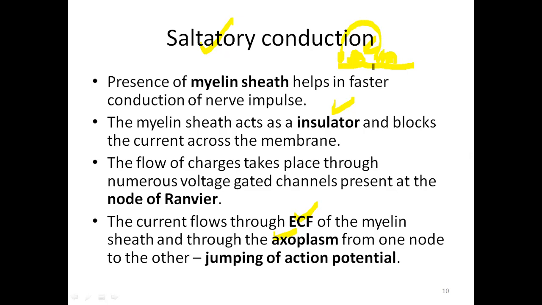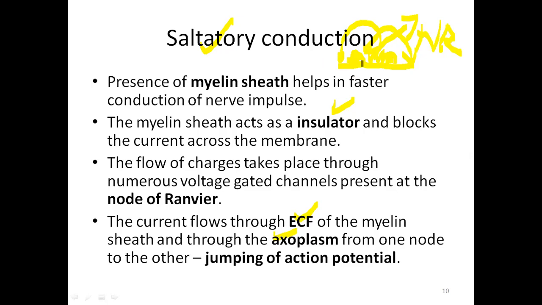In the structure of the neuron, we know very well that the gap between two myelin sheaths is what is known as the node of Ranvier, correct? So this node of Ranvier gets depolarized. This brings about depolarization in the next node of Ranvier, and from this to the next node of Ranvier.